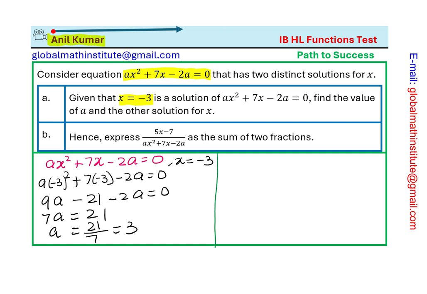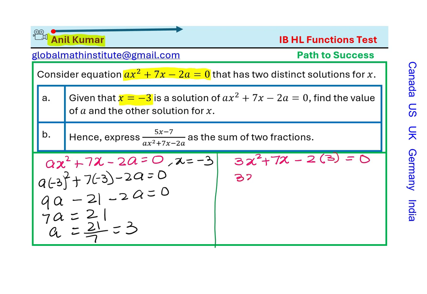So let's write down the equation now. A is 3, therefore the equation is 3x squared plus 7x minus 2 times 3 equals 0.